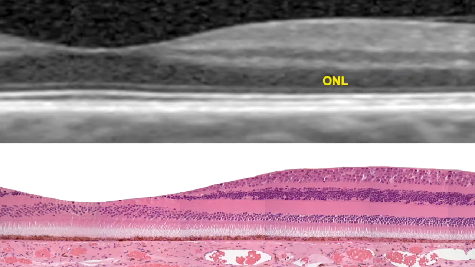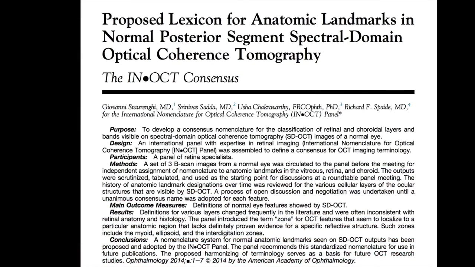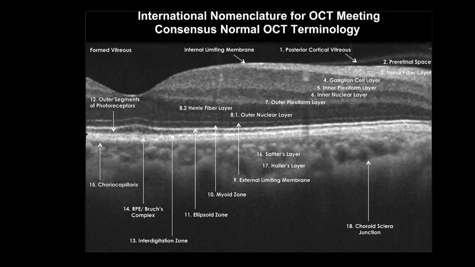It contains both the outer nuclear layer and the inner plexiform and outer Henle fiber parts of the outer plexiform layer. A proposed lexicon for anatomic landmarks in OCT was published in the journal Ophthalmology in 2014. The landmarks are shown in this figure from that paper.